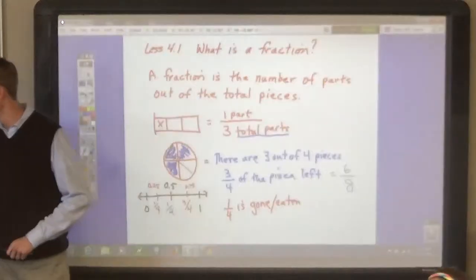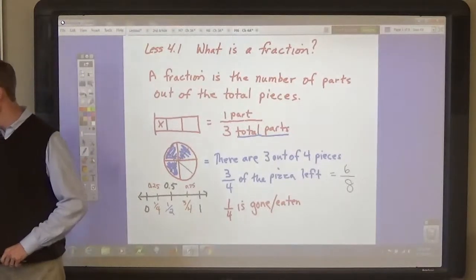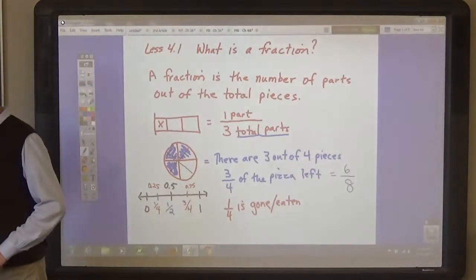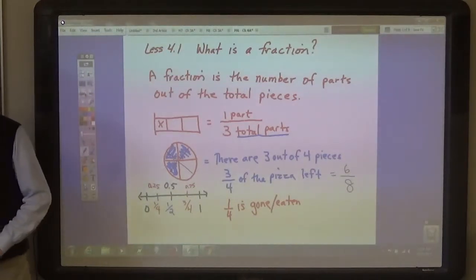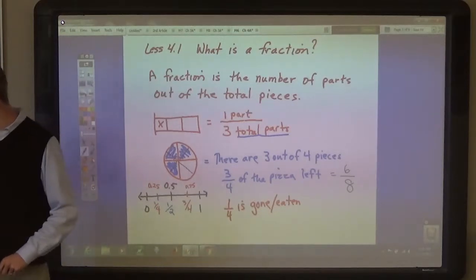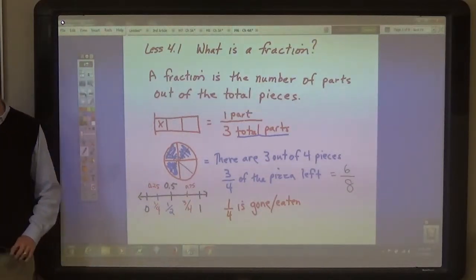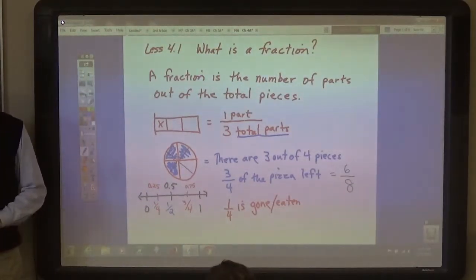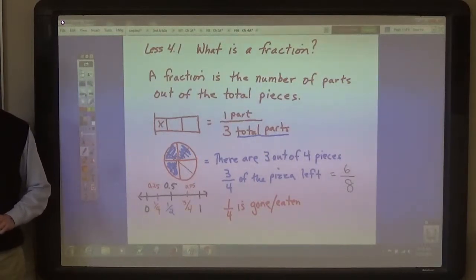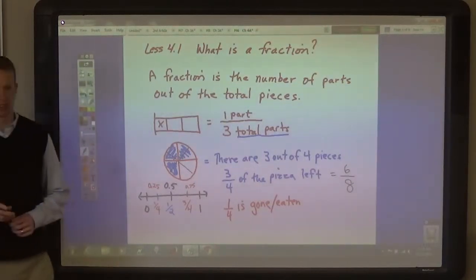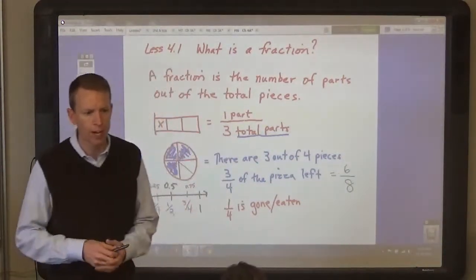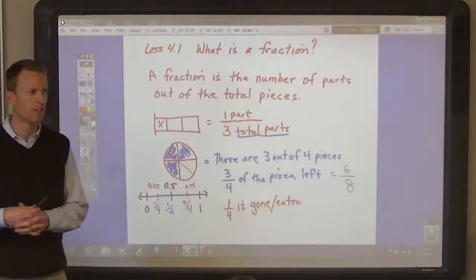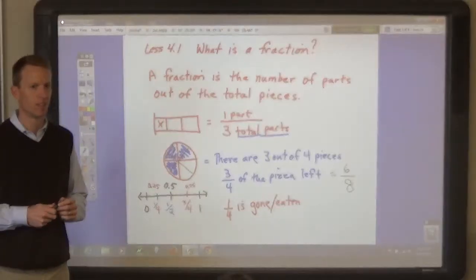Okay. Take a look at page 110. There are boxes marked A, B, and C. Okay? What is the ratio of red to yellow circles in C? What is the ratio of red to yellow? Roy?